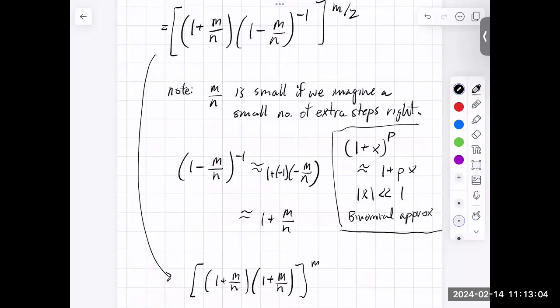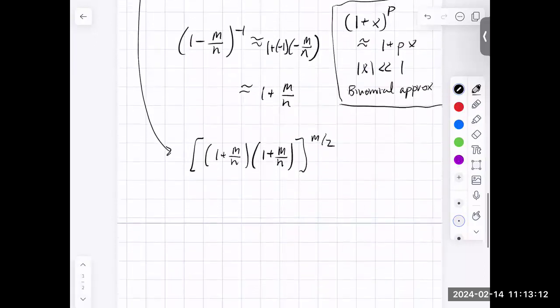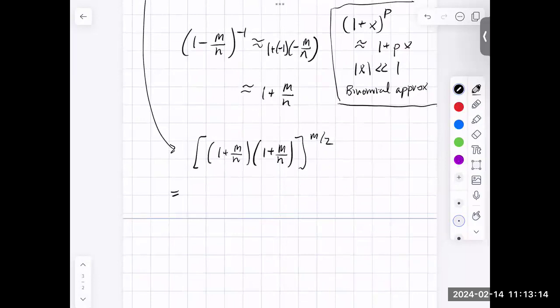And this is all to the m over 2. What I'm going to do is multiply out these factors inside the square brackets. So it's 1 plus 2m over n plus m over n squared, all to the m over 2.